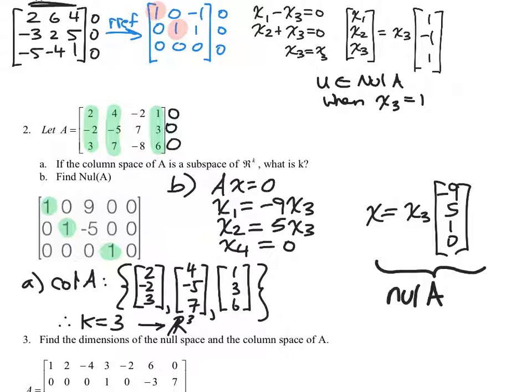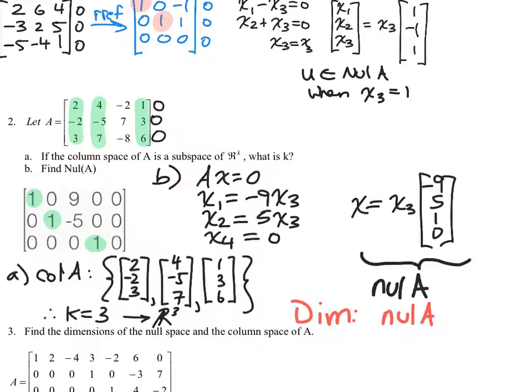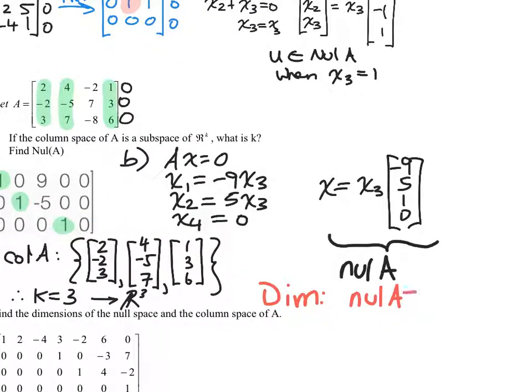All right, now I just want to highlight something for you. We are indirectly finding these values all along. So if I wanted to find the dimension of the null space, really it's just, well, how many free variables did I have? 1, right? And the number of pivot columns is how many vectors made up my column space, all right? So in this case, I could say that the dimensions of my null space and column space would be 1 and 3 respectively.